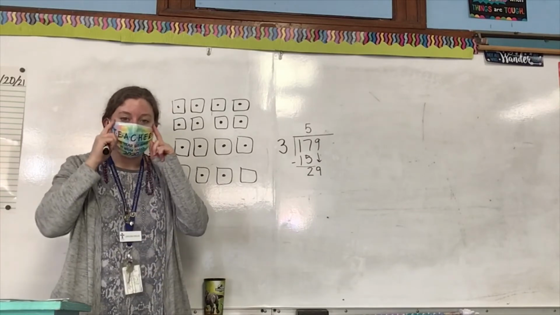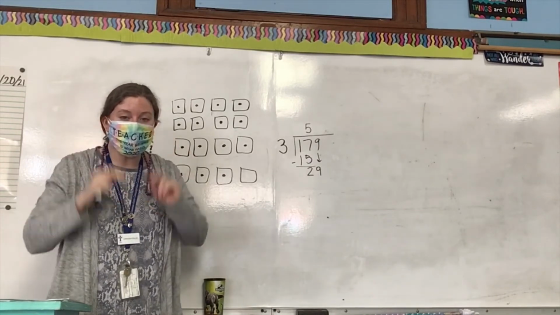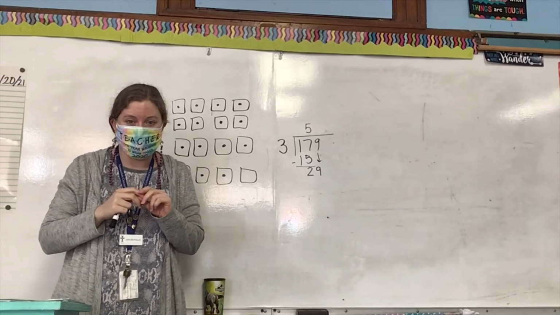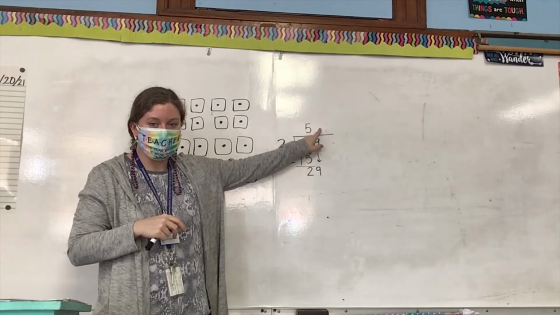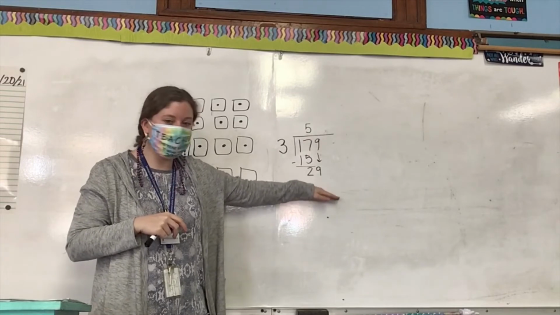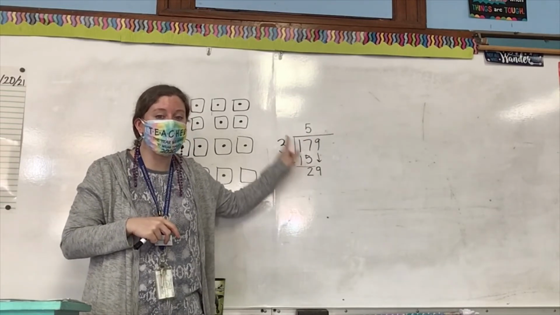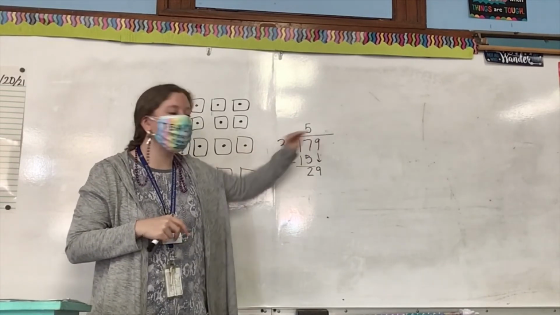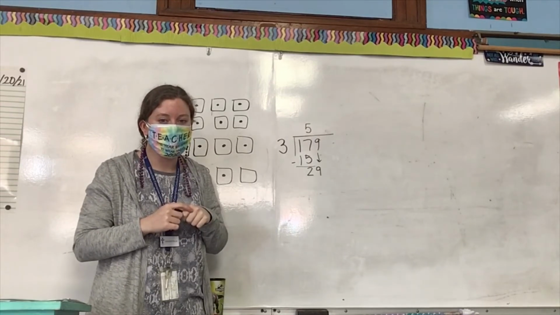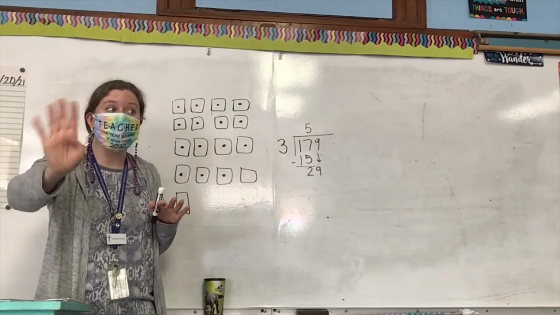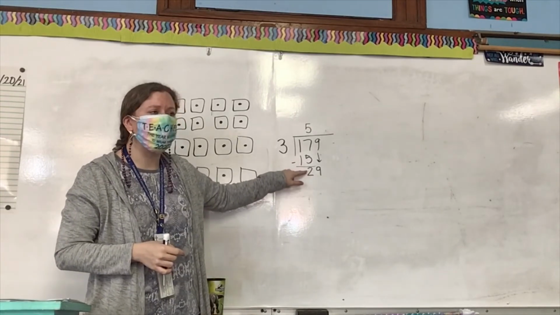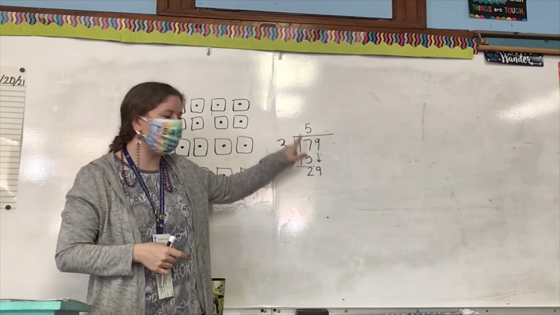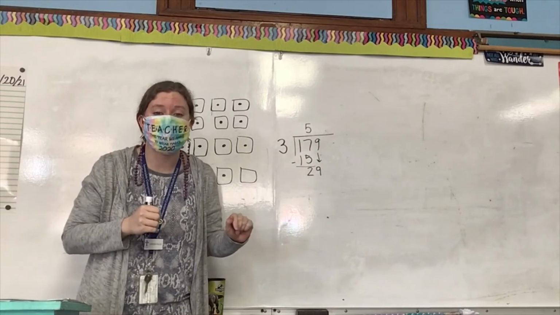So Michaela, I hope you were just listening. Think about your 3 basic facts. 3 goes into 29 more than 7 times. Otherwise, our answer to our subtraction problem would not have been greater. So that means it has to go in more than 7. Because when Carla did it, the answer to our multiplication was greater than what we were looking at, so that meant she said too many times.